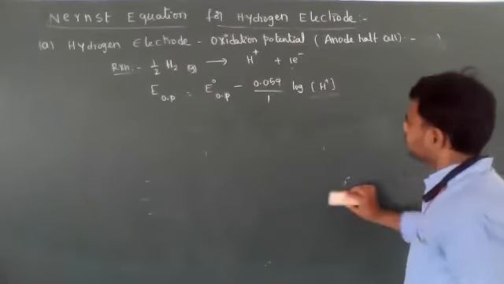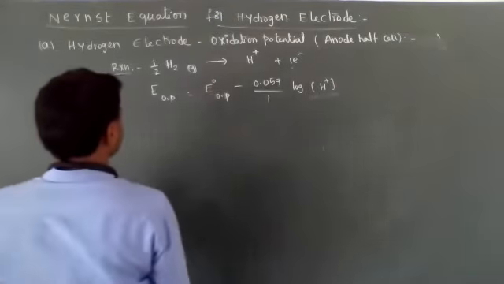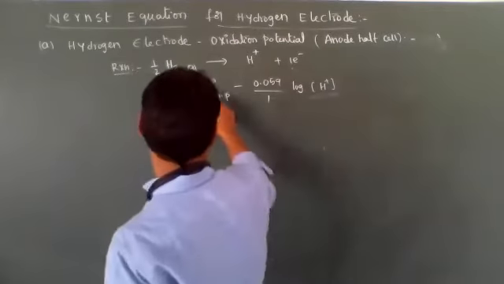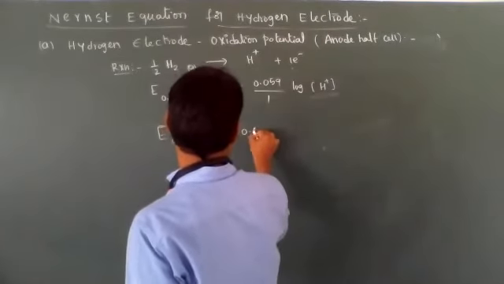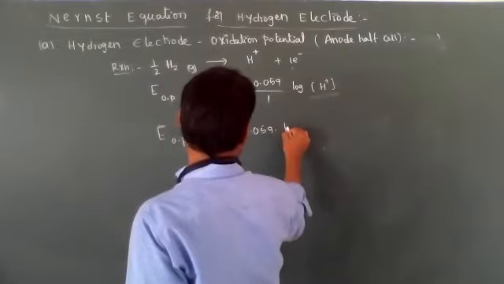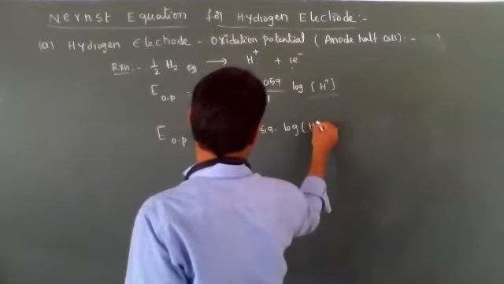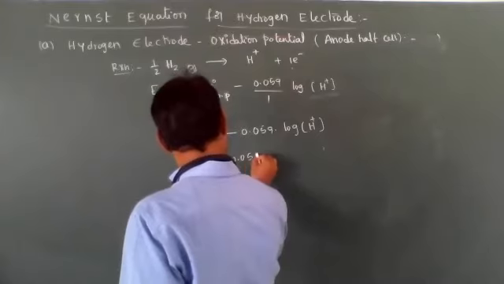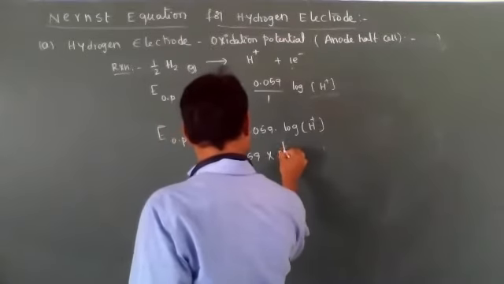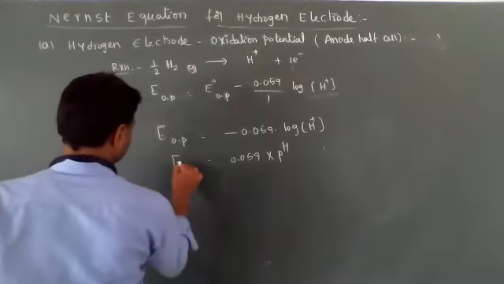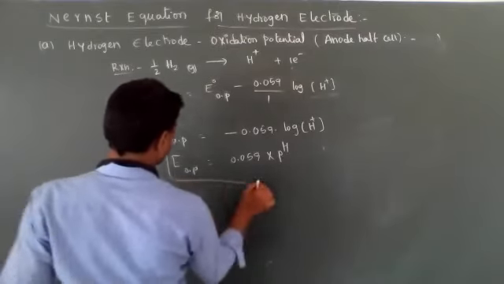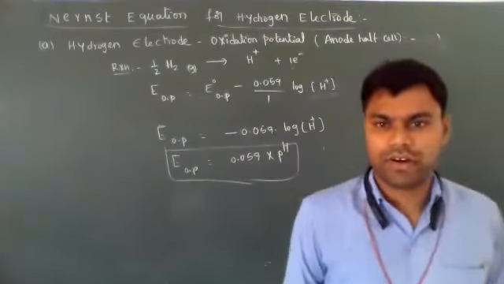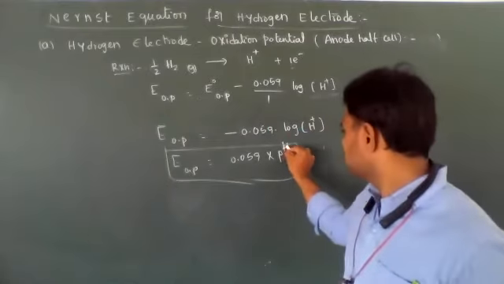So now this E of oxidation potential is equal to 0 minus 0.059 into log H plus ions concentration. This is nothing but 0.059 into pH. So for hydrogen electrode, the oxidation potential value according to Nernst equation is equal to 0.059 into pH.